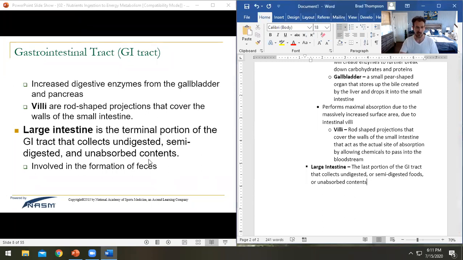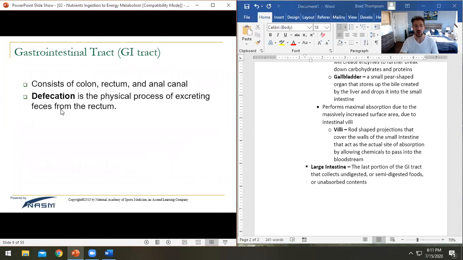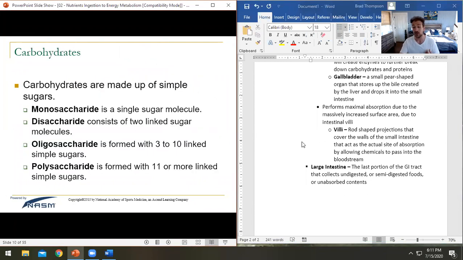Your large intestine is in charge primarily of defecation and stuff. But we have to be aware it also absorbs the final parts of water into the bloodstream. That's a really important thing, right? Our body is absorbing nutrients, one of the most important nutrients, which is water, in the large intestine.